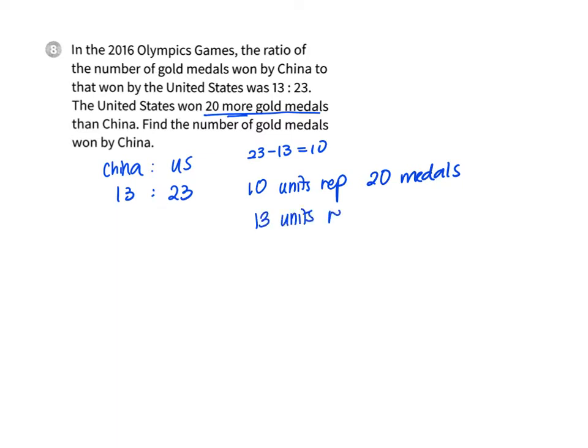So in that case, it will be 13 out of 10 times 20. Some of you will take 20 divided by 10 to give you 2, and then multiply by 13. The answer will still be the same. You have 26 medals.